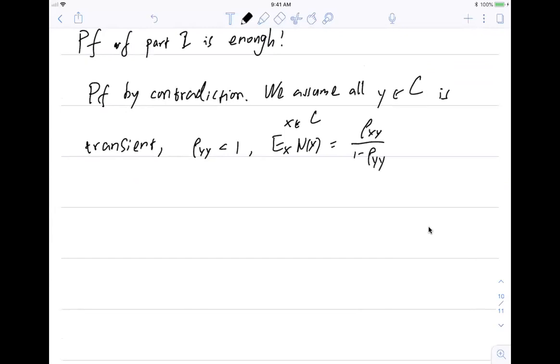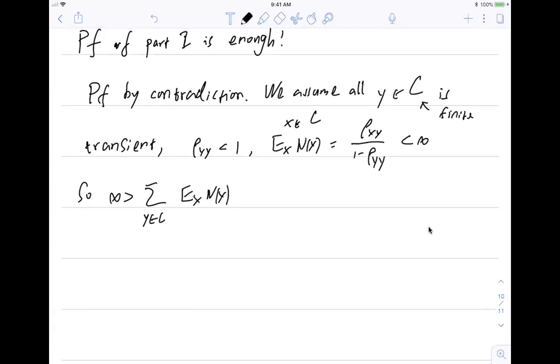This is well defined, because this is finite and C is also finite, so we can sum up and also get a finite number.